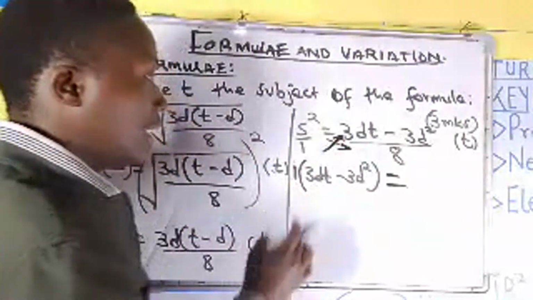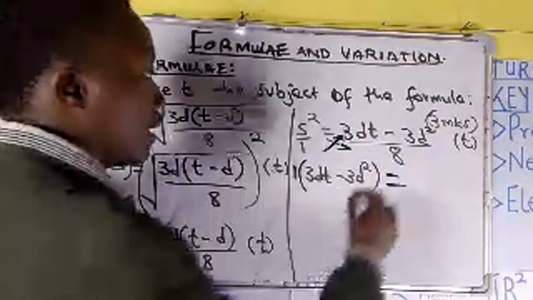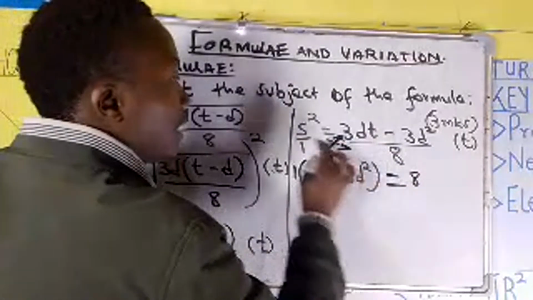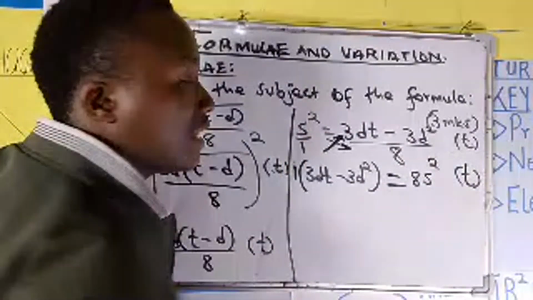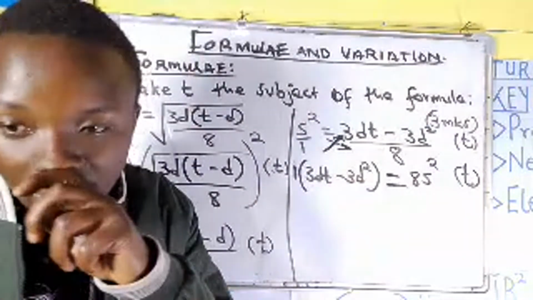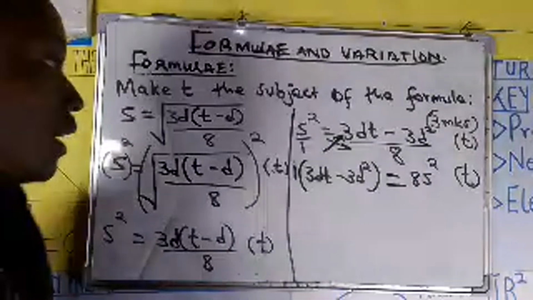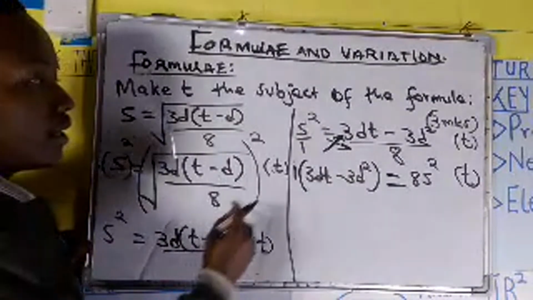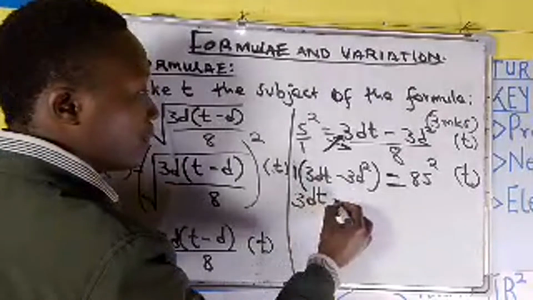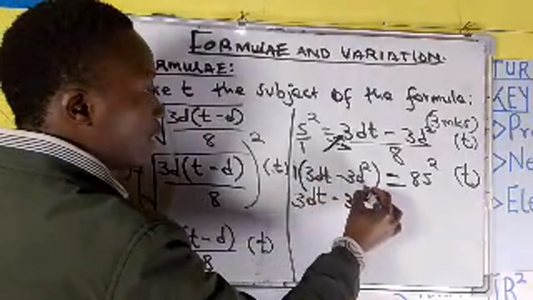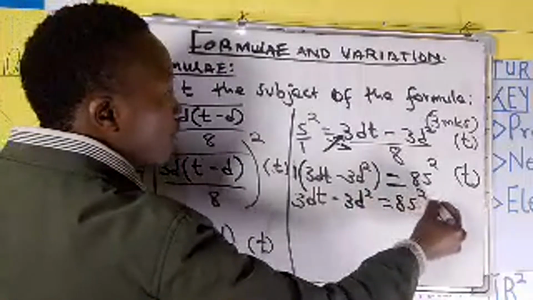So it is 8s squared. Don't forget, we are making t the subject of the formula. It will remain like that: 3dt minus 3d squared is equal to 8s squared.